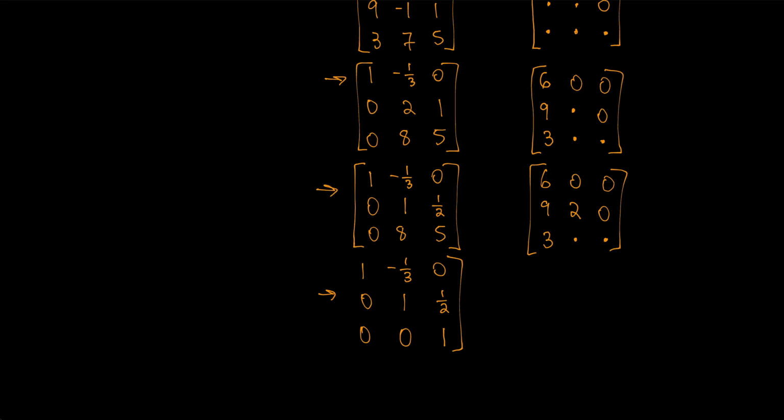It becomes 1. So I'll end up with 6, 9, still the 2, the 3, but now I know that this dot should be an 8, because I'm subtracting off 8, and in the inverse, that's adding 8. So I just have 1 dot left.